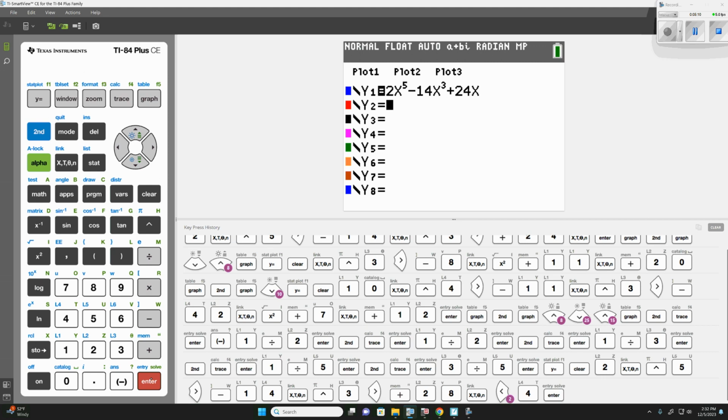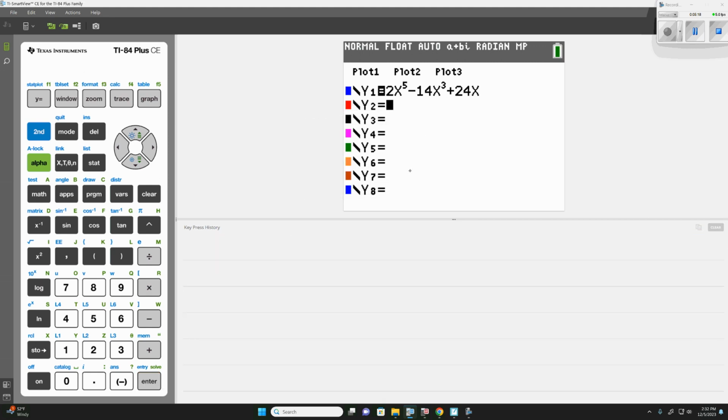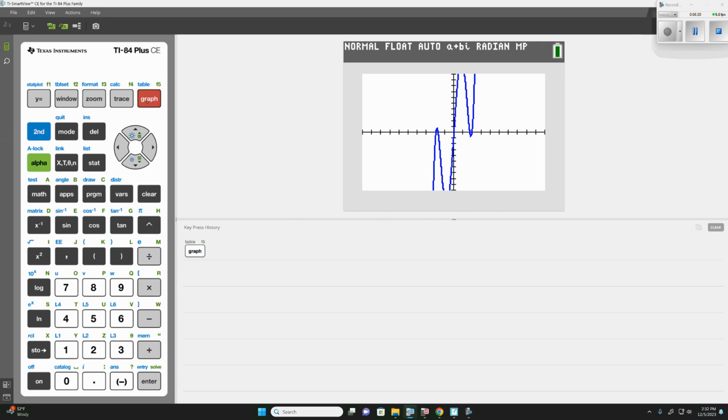When we graph this here, we see that it crosses the x-axis in, well, not 3, 5 spots. So there are 5 solutions to this higher degree polynomial function.